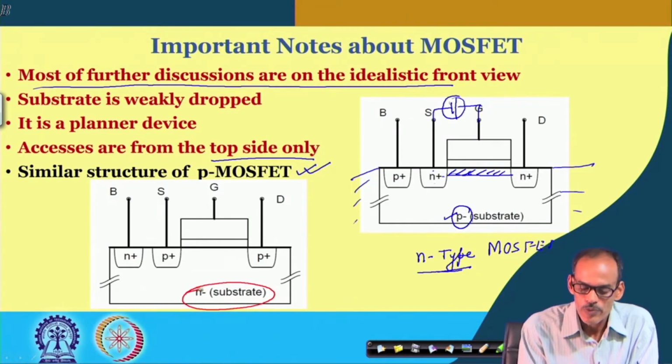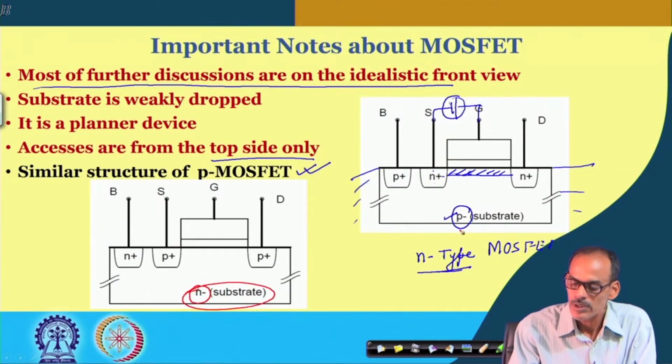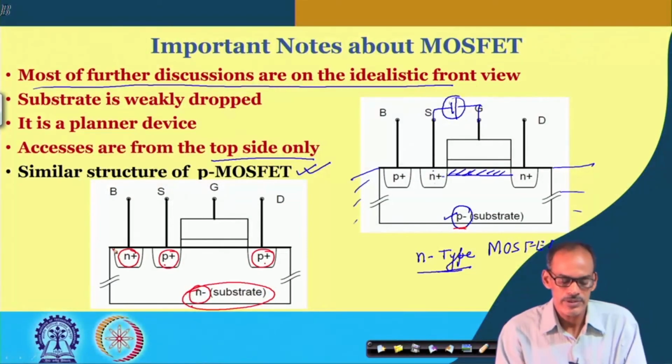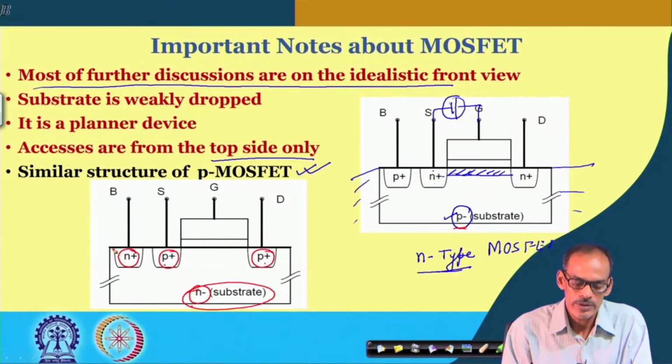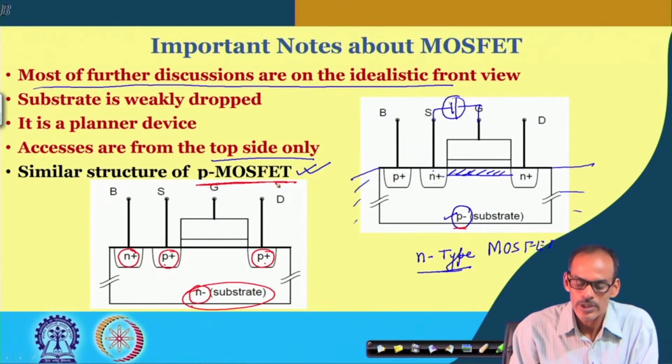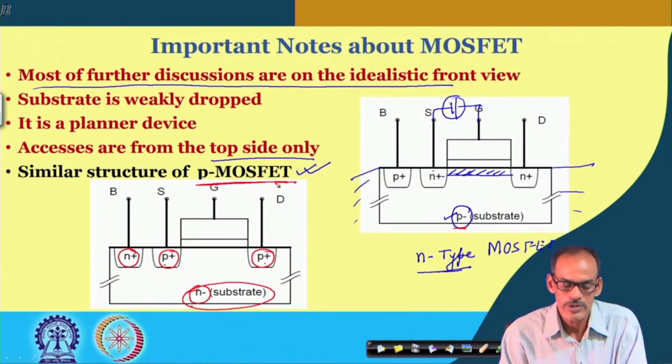Body is weakly n type in contrast to weakly p type, and these two islands, drain and source islands, are p plus regions, and of course, to tap the substrate we require an n plus region. To avoid the Schottky diode, we can have the ohmic contact. We will go into further detail later for p type MOSFET.